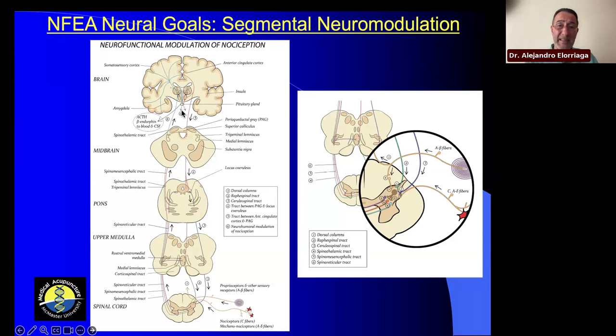But then the signals reach this famous periaqueductal gray, which is a nucleus in the base of the brain that will trigger the secretion of beta endorphin that will go to blood and cerebrospinal fluid and will serve as a modulator of the pain experience.